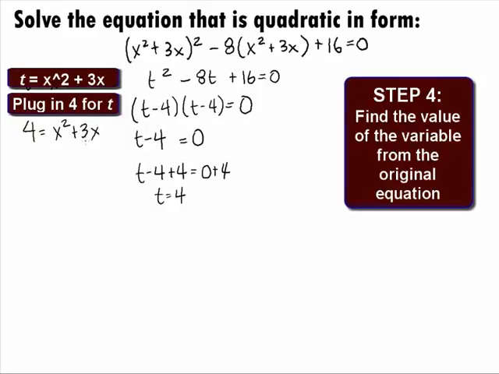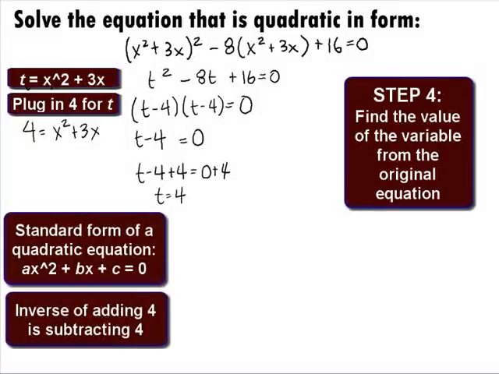It looks like we have another quadratic equation, so we will need to solve this in the same manner as we did the other. We need to subtract 4 from both sides to get this in standard form, so we have 4 minus 4 equals x squared plus 3x minus 4, which will simplify to be 0 equals x squared plus 3x minus 4.